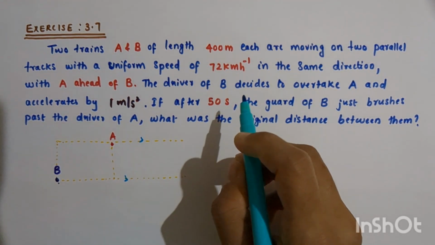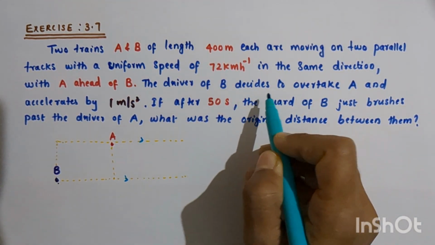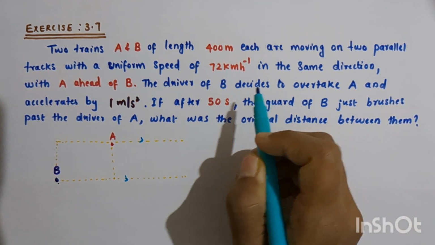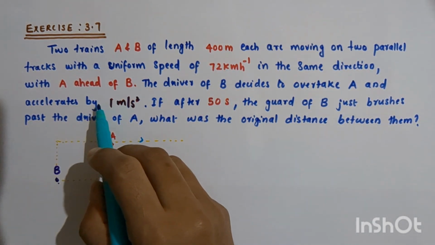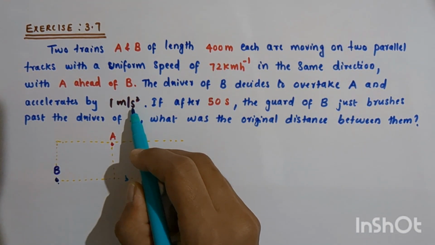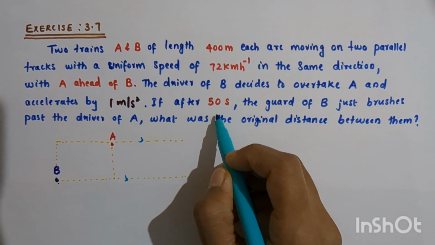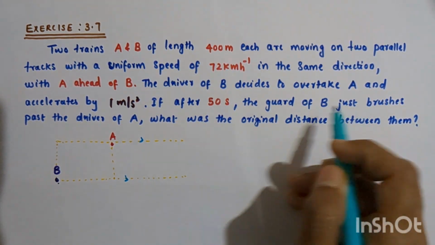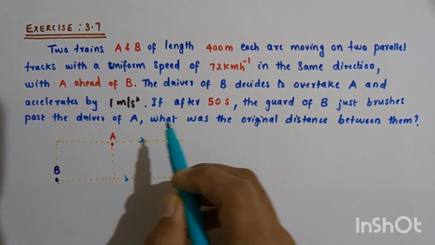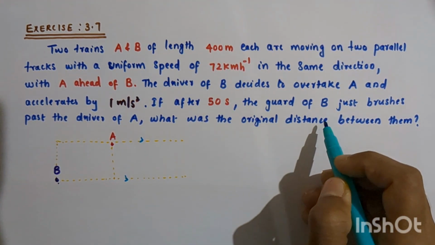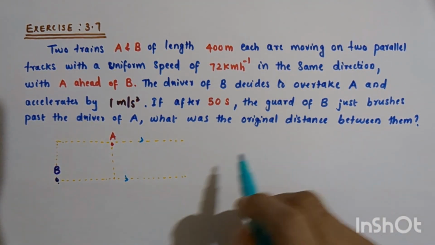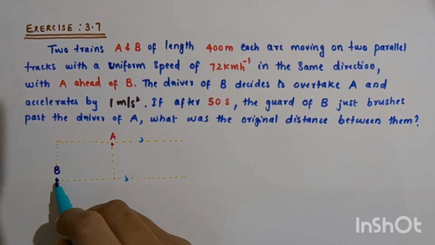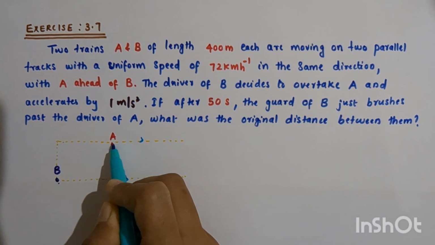Now the driver of B decides to overtake A and accelerates by 1 meter per second square. If after 50 seconds the guard of B just brushes past the driver of A, what was the original distance between them? Suppose initially B is somewhere here and A is somewhere here.